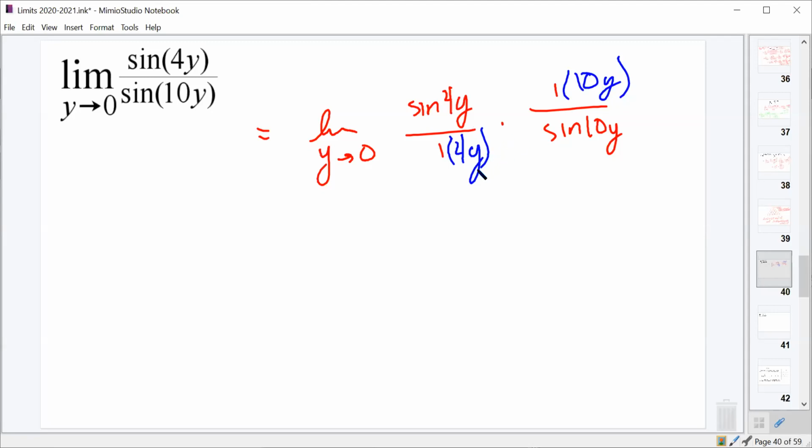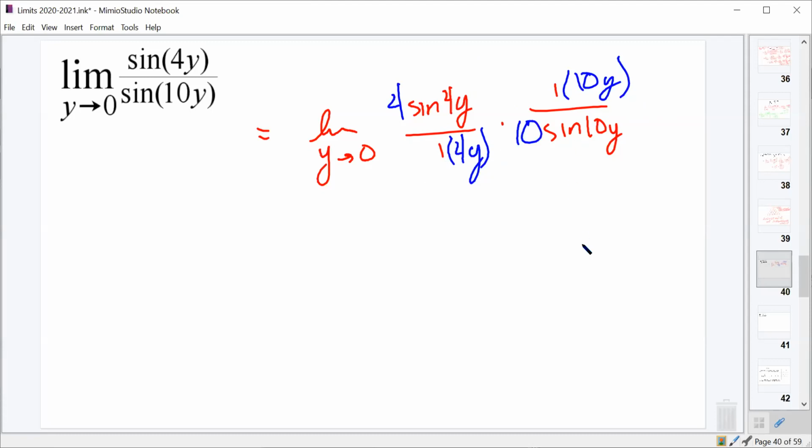It doesn't matter that one's in this fraction on the left and the other's in this fraction on the right, because it's all being multiplied. I could just make this all one big fraction, can't I? If I wanted to. So the y's are good, but the 4 doesn't have a 4 up here. Now it does. And the 10 doesn't have a 10 down here. And now it does. Does that make sense to everybody or no?